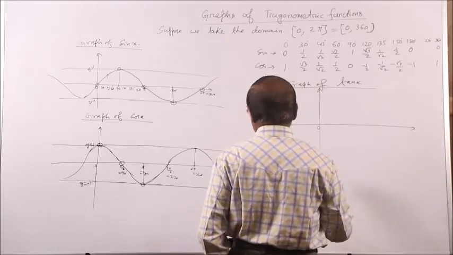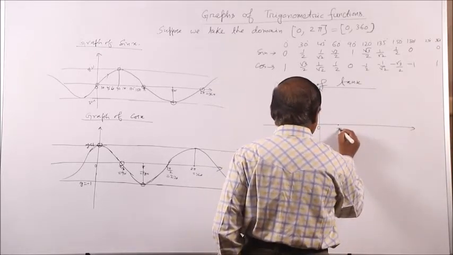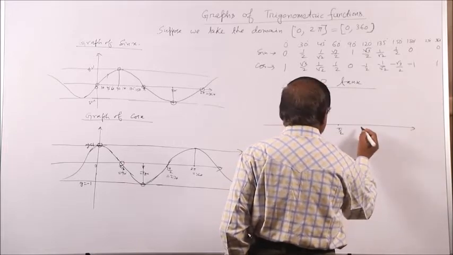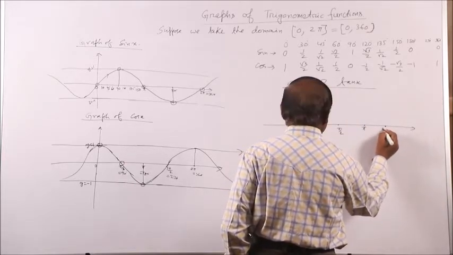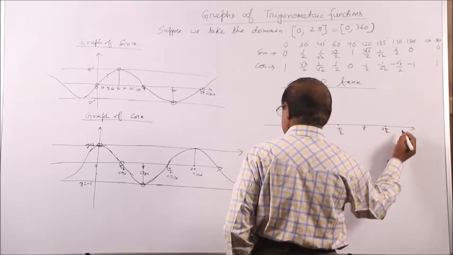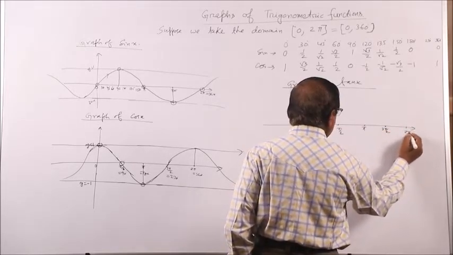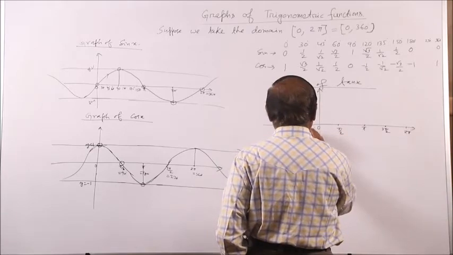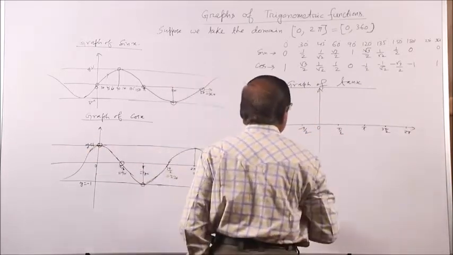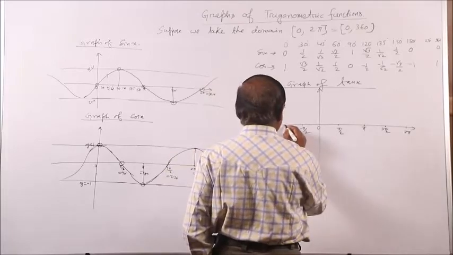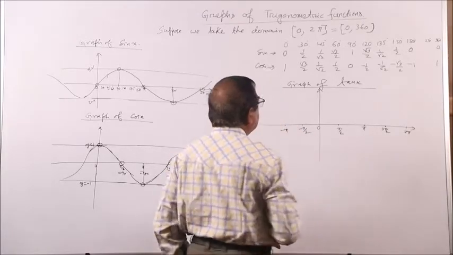Zero, we take this point pi by 2, then pi, 3 pi by 2, say 2 pi, here it is minus pi by 2, this side also you can take, and this minus pi and so on.